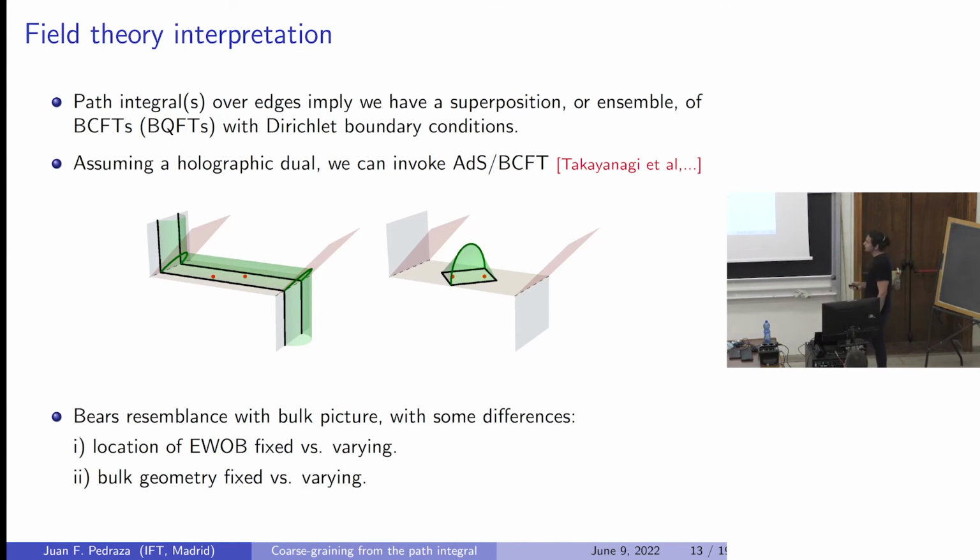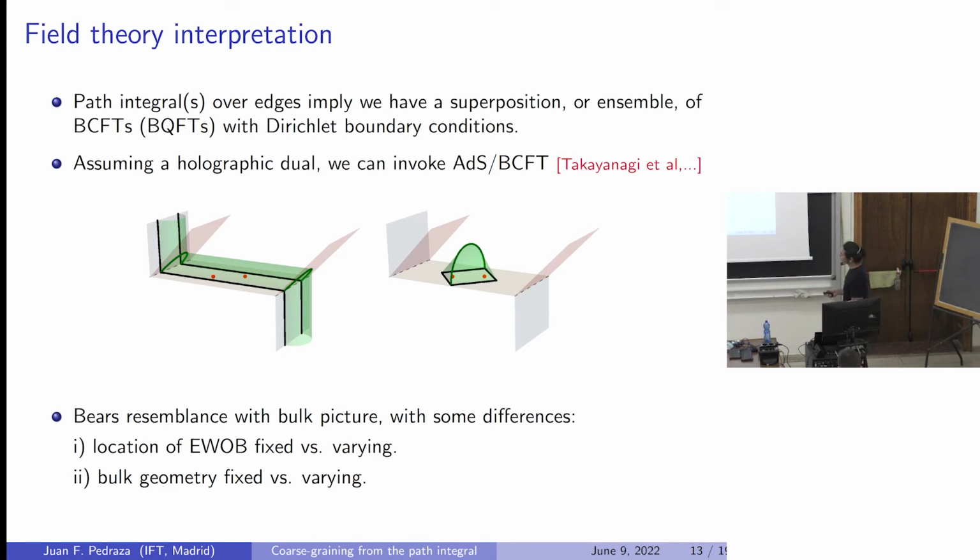That's one difference. And the other difference is the bulk geometry. The bulk geometry, from the bulk perspective, is just a portion of the global bulk geometry that I started with. But in this case, it's not really. So depending on boundary conditions and many things, you can have bulks that do not even resemble AdS. In order to have AdS, you need very specific boundary conditions to preserve some of the conformal symmetry and so on.